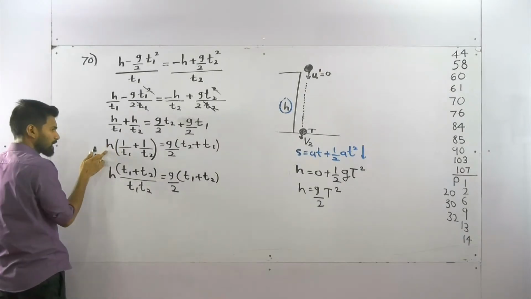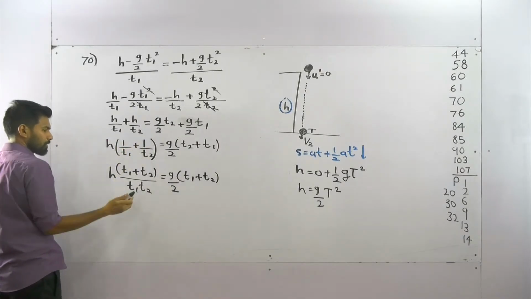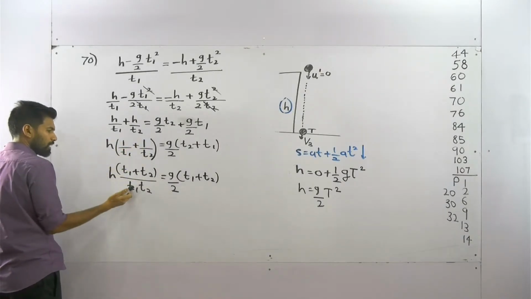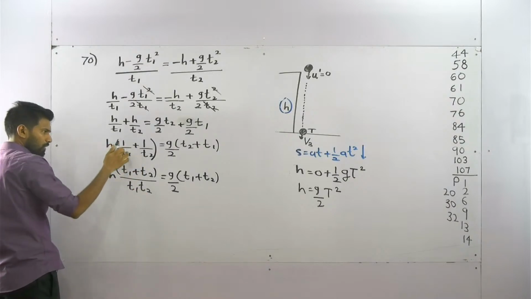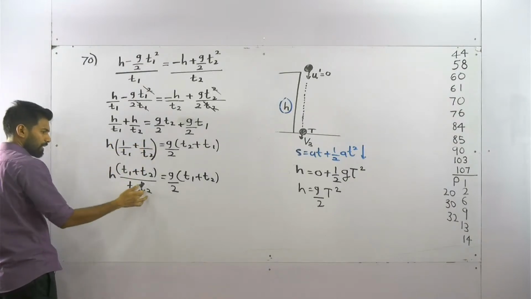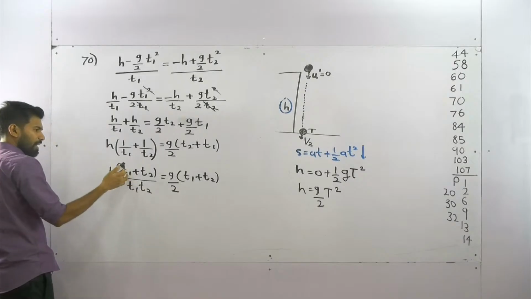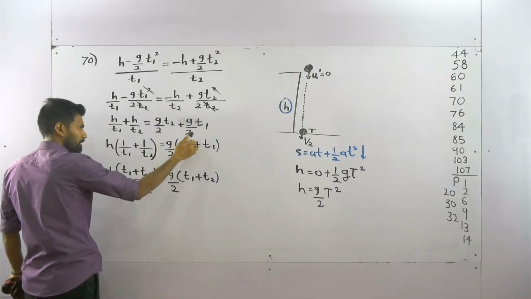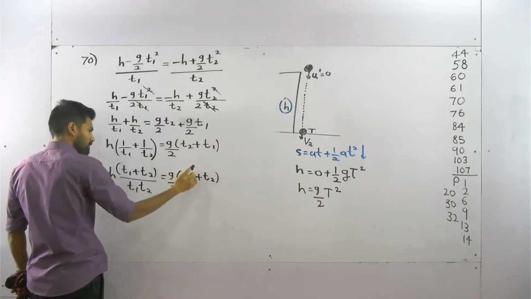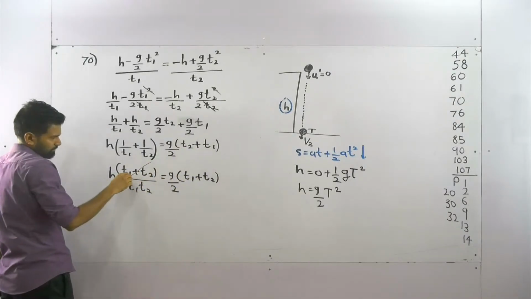Here I took h outside, 1 over t1 plus 1 over t2, t1 t2 is a common factor, and then here t1 plus t2. g over 2 times t2 plus t1 means simply t1 plus t2, and this will cancel out.